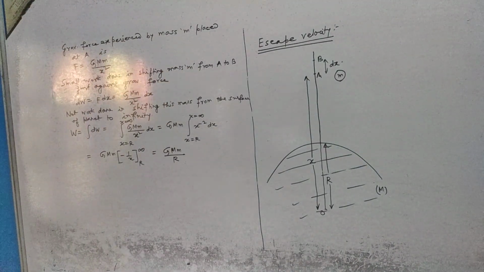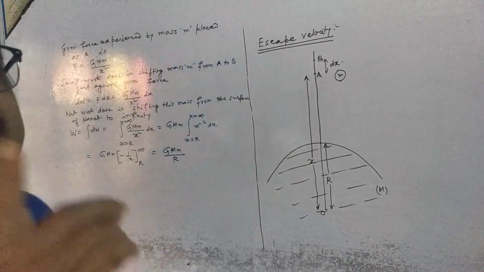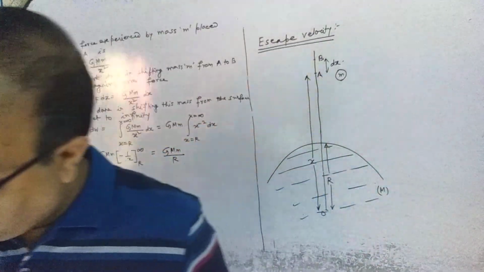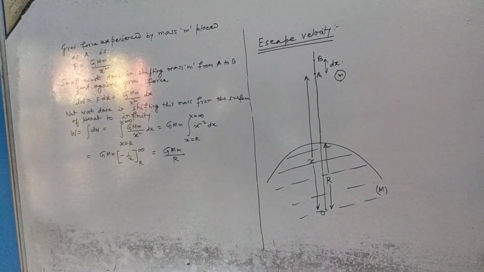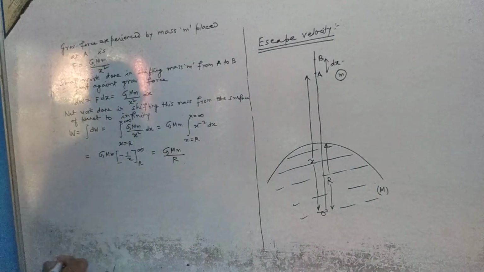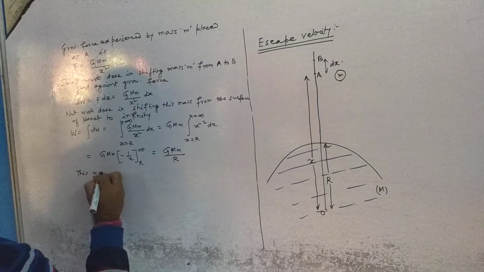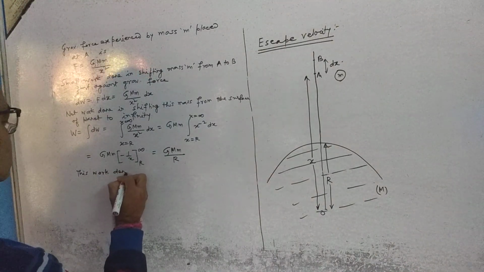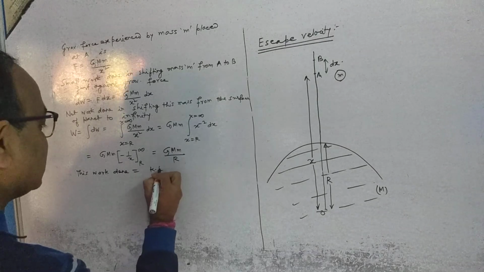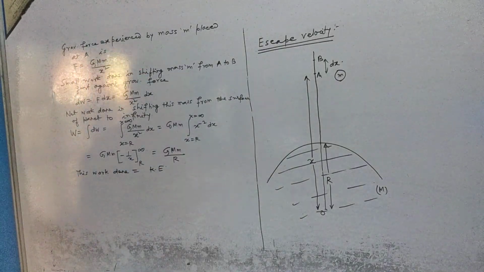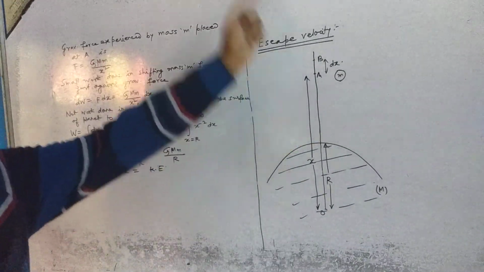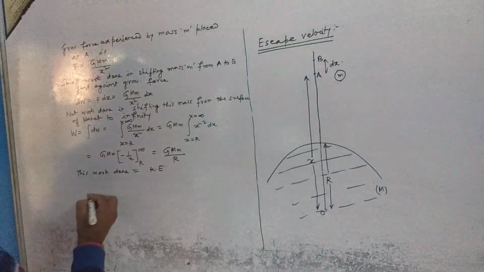This is the net work done in shifting this. And you know, all work done is equivalent to some energy. ठीक है? So this work done is equal to काइनेटिक एनर्जी. कितने काइनेटिक एनर्जी से मैं बॉडी को थ्रो करूं, यानी क्या हो जाएगा?